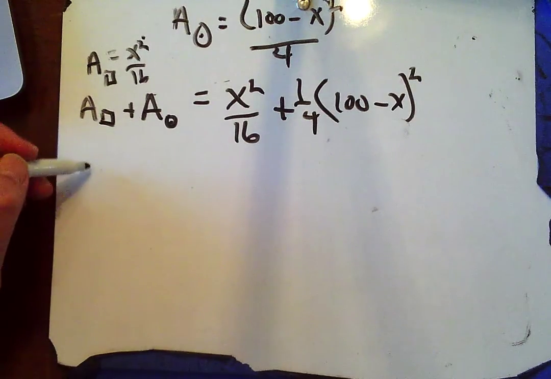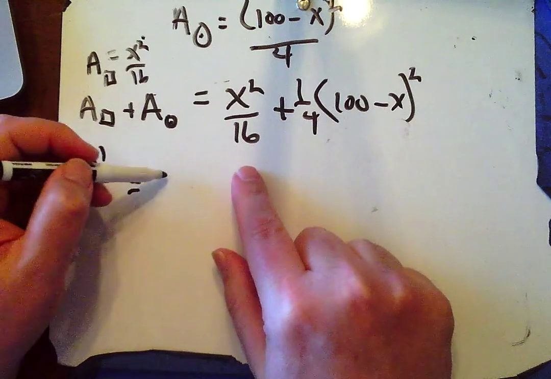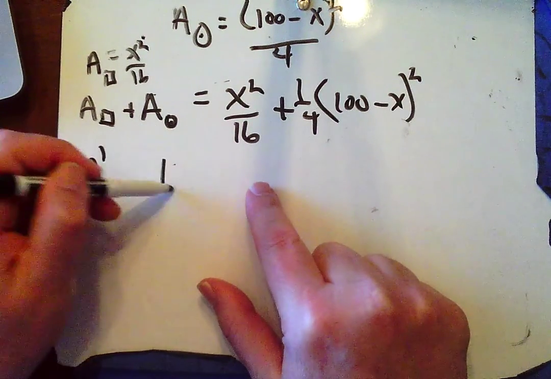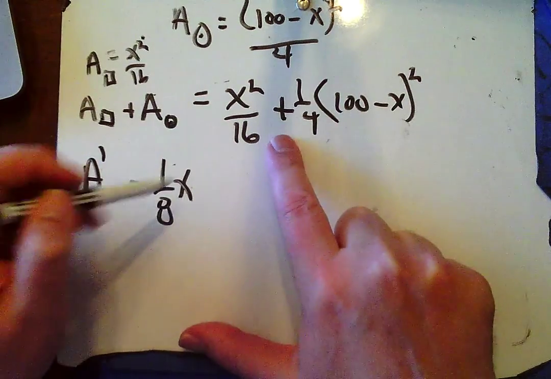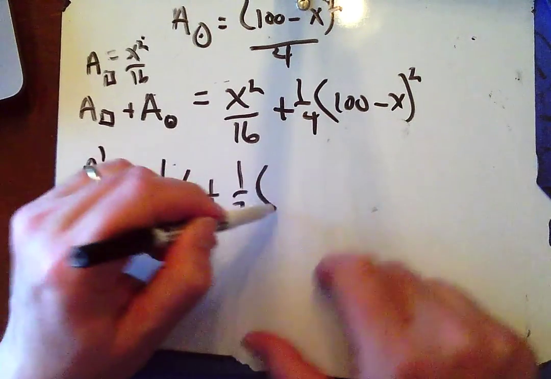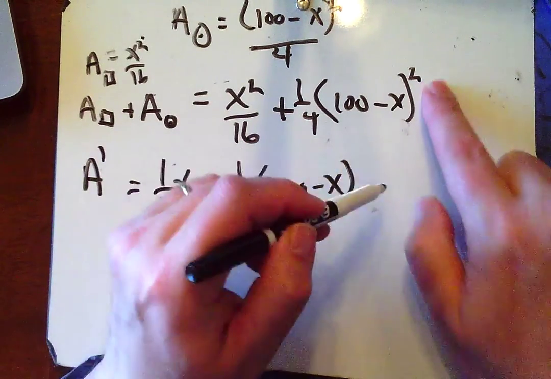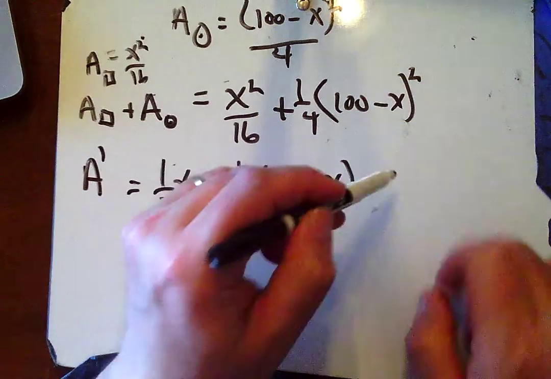So now I want combined area prime. So I bring down the 2 over 16, which is 1/8 x, plus, bring down the 2 over 4, which is 1/2, 100 minus x, times the derivative of the inside function.